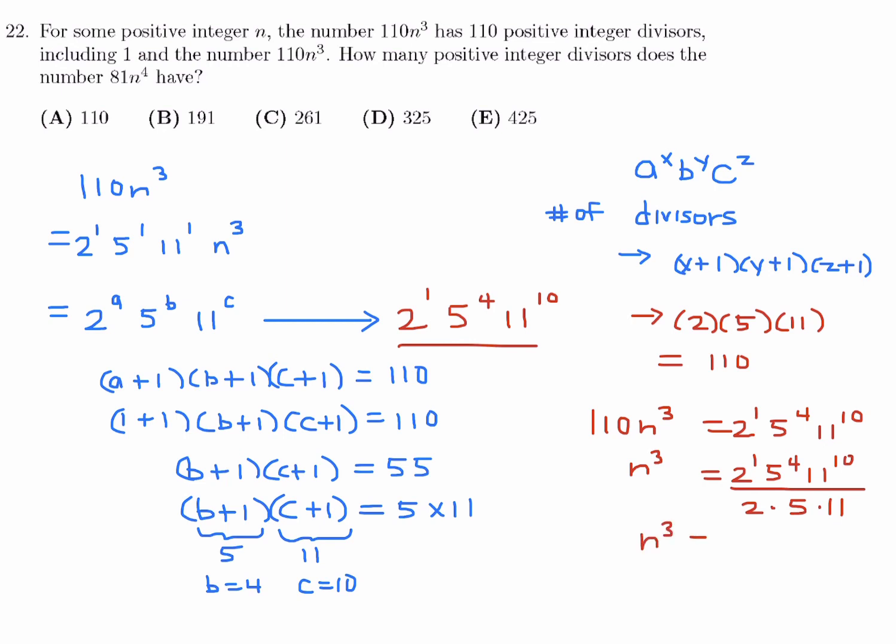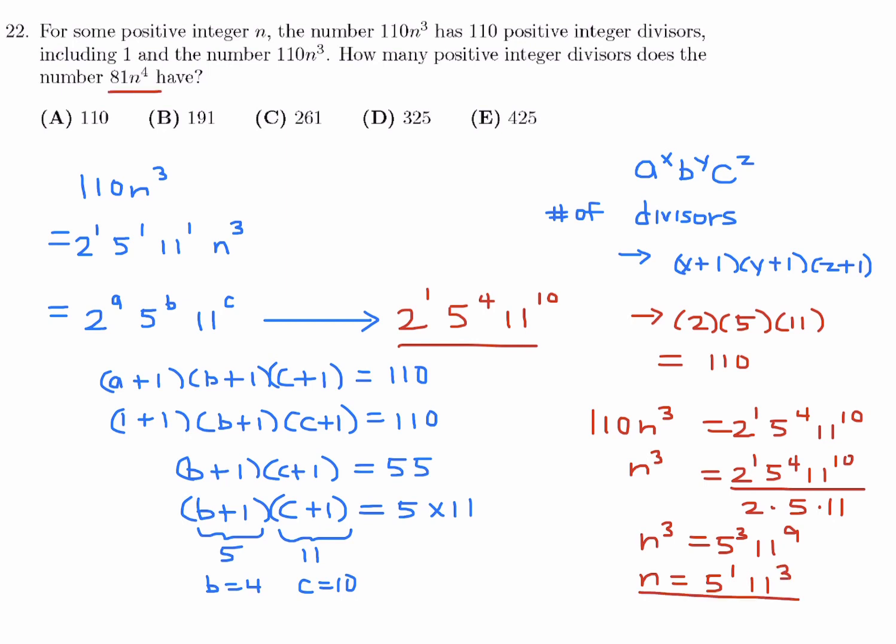So n to the power of 3 is 5 to the power of 3, 11 to the power of 9. There we go. And therefore, if I take the cube root of both sides, n is 5 to the power of 1, 11 to the power of 3.